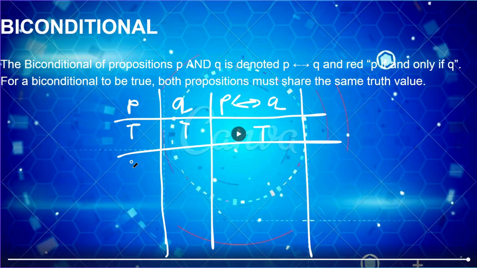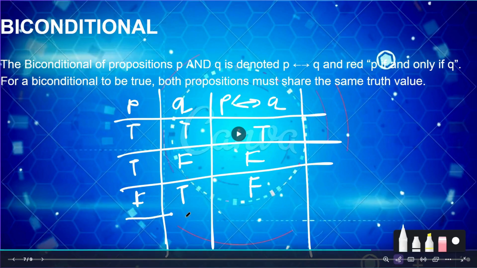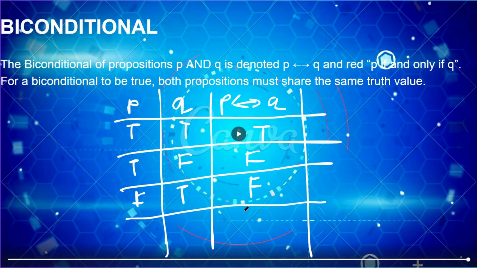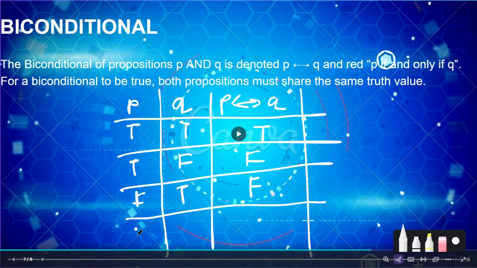Okay, if P is true and Q is false, that means it will be false. If P is false and Q is true, then it will be false. If P is false if and only if Q is false, that means it will be true.